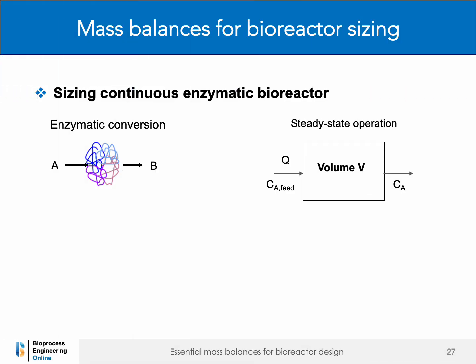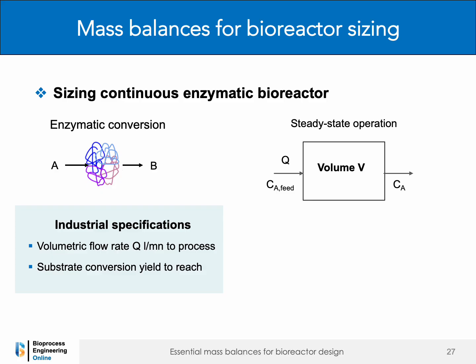As an example, consider a continuous enzymatic reactor used to convert a substrate A into a product B. A continuous stirred reactor is designed to process a volumetric flow rate Q, liters per minute, containing a feed substrate concentration CA feed. The objective is to achieve a specified substrate conversion corresponding to a target outlet substrate concentration CA. The purpose of reactor sizing is therefore to determine the reactor volume V required to reach the desired substrate outlet concentration.